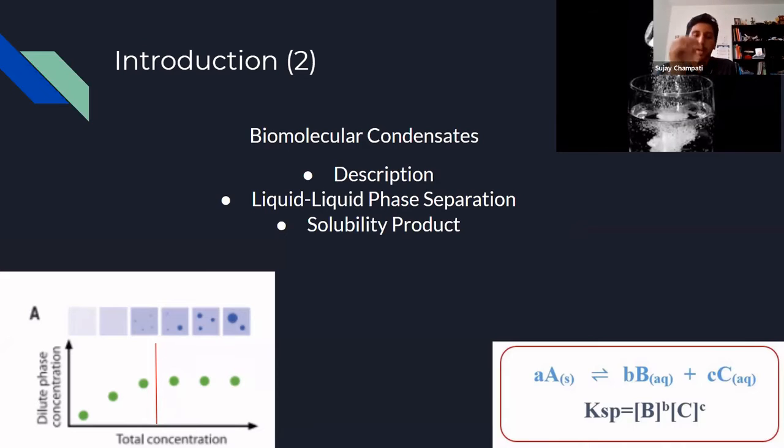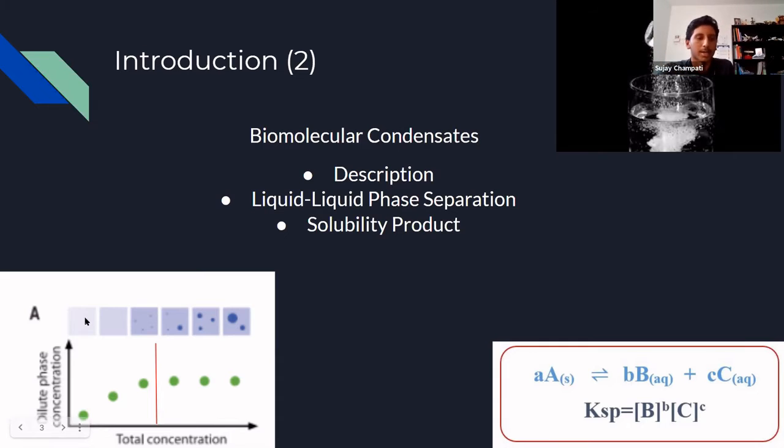Now, the process by which molecules form clusters like this is called liquid-liquid phase separation. The figure on the bottom left, which you saw before, illustrates this process. Suppose I have a cell that has none of molecule A in it, and I start adding molecule A. Adding molecule A isn't as simple as pouring it in, but let's just say it was.